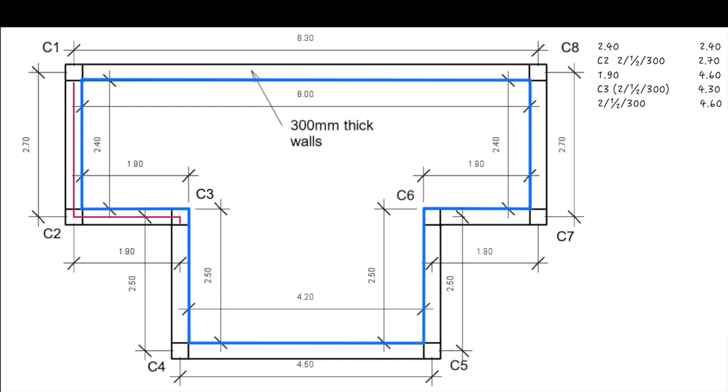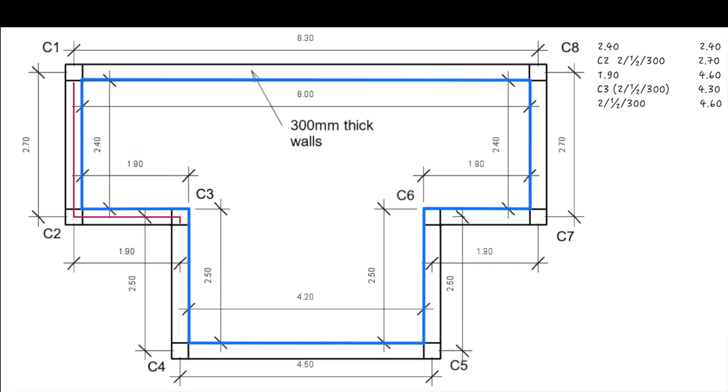So the addition of 2 by 1/2 by 300 at C2 is now completely negated by the deduction of 2 by 1/2 300 at C3. C2 additions have been cancelled by C3 deductions, and if you look at the interior girth of 1.9, it is exactly the same as the centerline dim, i.e. 1.9 meters.